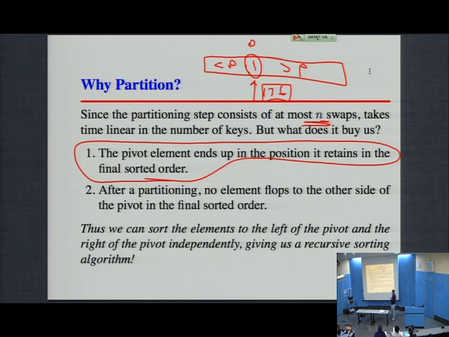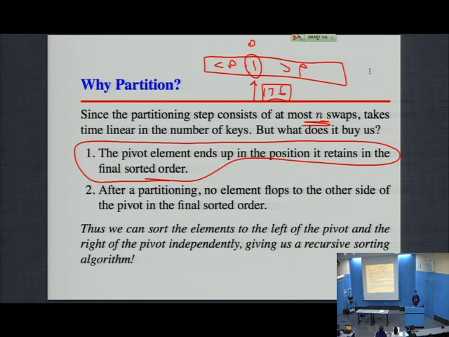If you're saying, hey, I'm ranked 196th in the Stony Brook graduating class, why are you ranked 196th? It's because there are exactly 195 people who are better than you, the ones that are less than you. The pivot, by definition, has had everybody less than the pivot put in that group, so the pivot is in the right spot. Any questions about that? That's got to be clear. If that's not clear, then the correctness of the algorithm is in question.